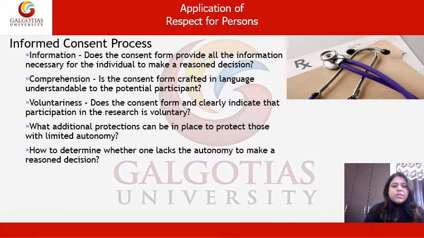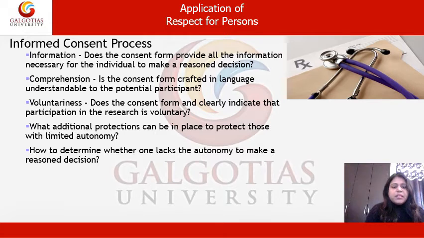Informed consent process. Information: does the consent form provide all the information necessary for the individual to make a reasoned decision? Comprehension: is the consent form crafted in language understandable to the potential participant?